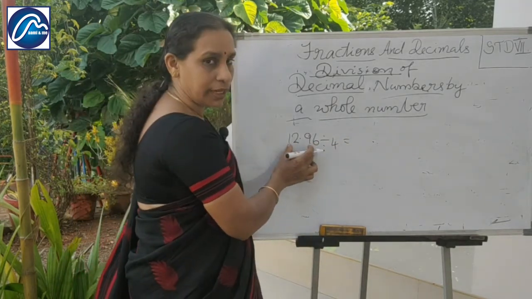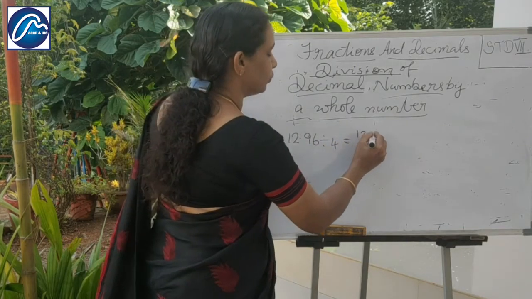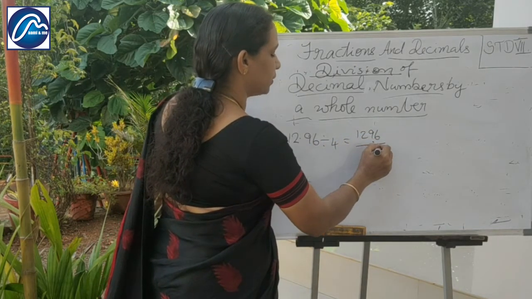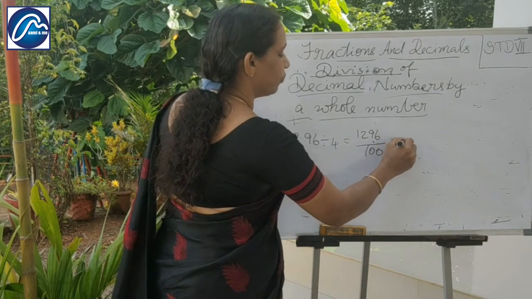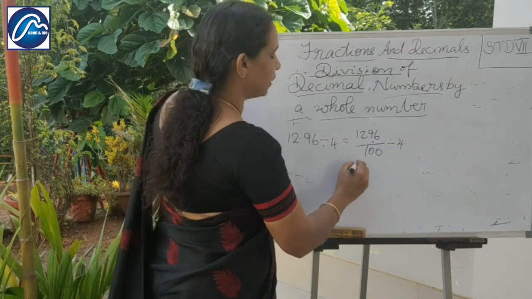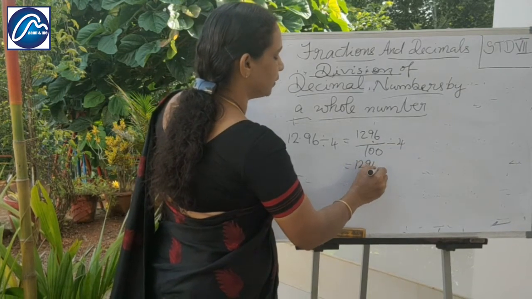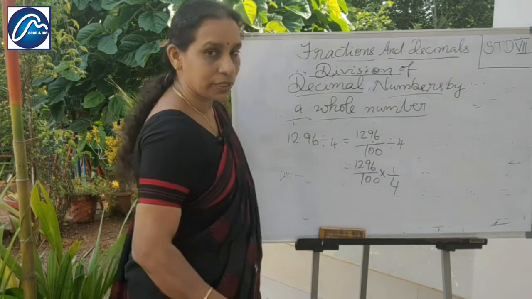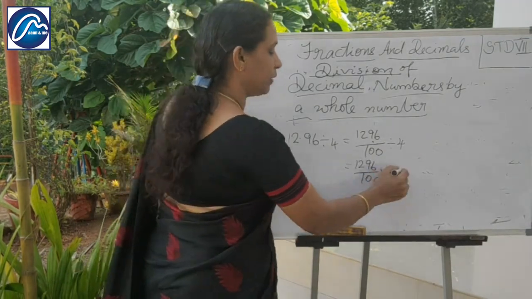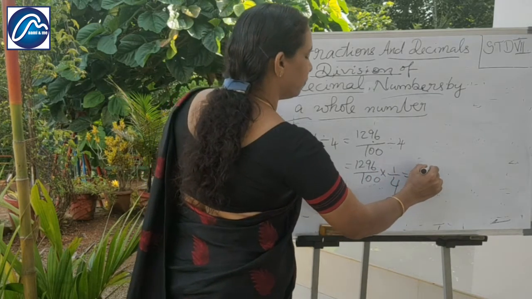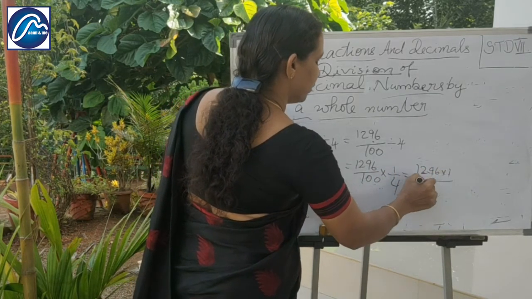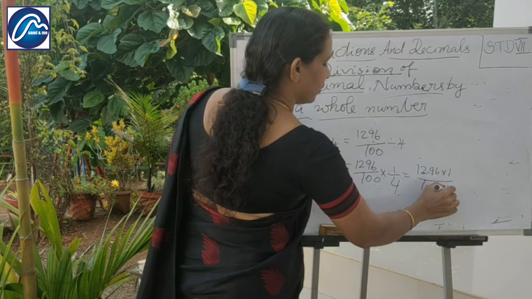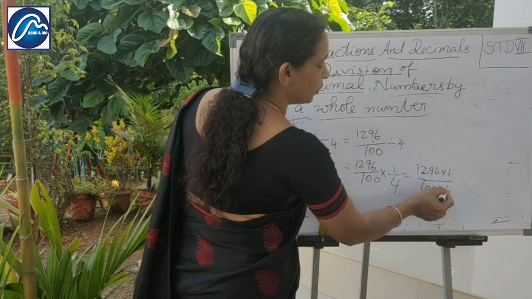You have to write this as a fraction. 1296 divided by 100 and divided by 4. Next step is 1296 divided by 100 into 1 by 4. Okay, for 100 let it be there. You have to divide 1296 by 4.